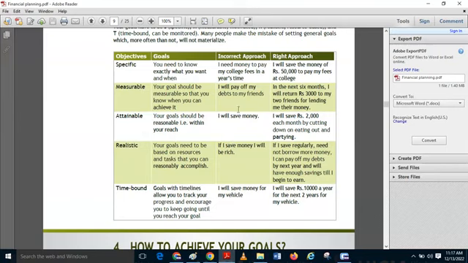In the third column, he is saying I will save money because there are certain goals to be achieved, but first of all it should be time bound. It means I will save 10,000 a year for the next 2 years for my vehicle. And it should be realistic.